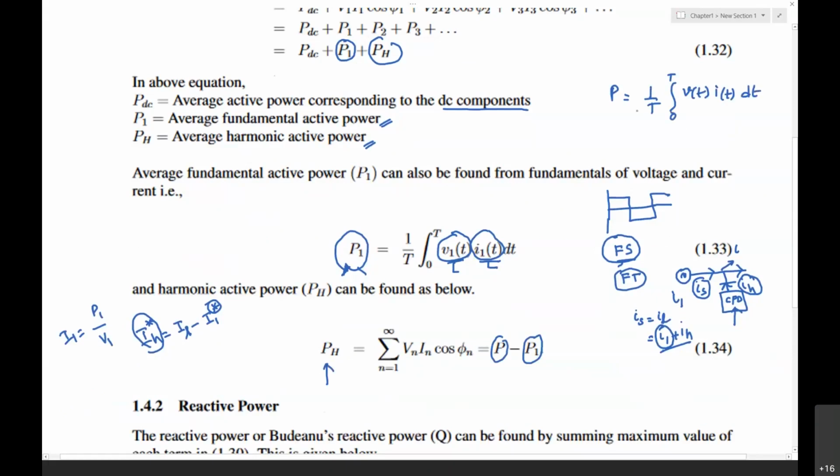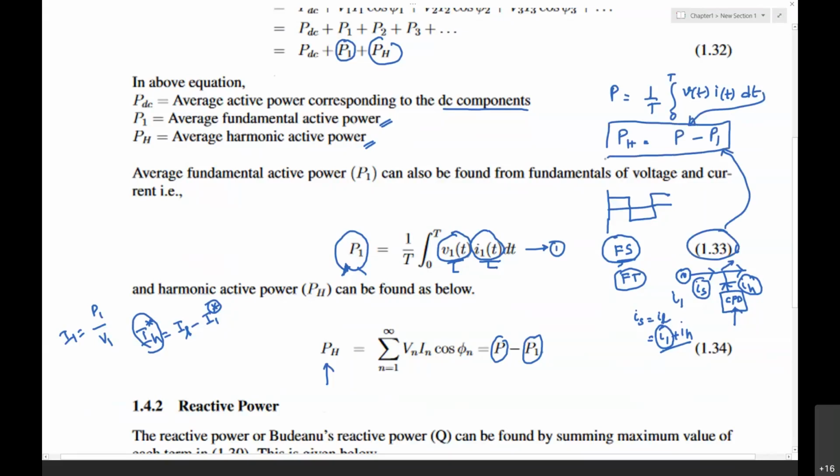If you are interested in the amount of harmonic real power, then with this equation we can find P1, which is very easy. To find the harmonic power, it is P minus P1, using equation 1.33 for P1 also. In that case, finding the harmonic power is very easy.